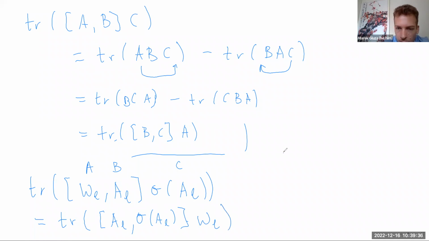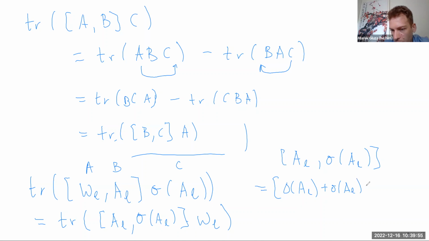And now a simple calculation, A L sigma A L is equal to a delta of A L plus sigma of A L, just a decomposition into the diagonal and off diagonal of any operator. Sigma A L stays here, and we see that this becomes W L.